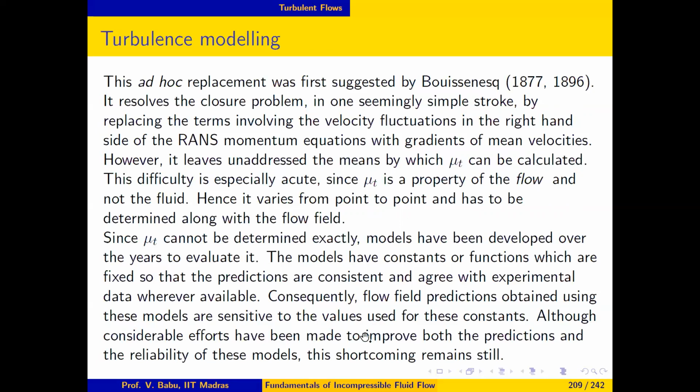But over the years, these models have been tweaked and the constants have been fine-tuned to such an extent that the predictions have become very, very good, and agreement with experimental data has also improved considerably. But fundamentally, this is a shortcoming that remains, primarily because no single quantity can capture the turbulence stresses that are generated across an entire flow field. So that shortcoming still remains.